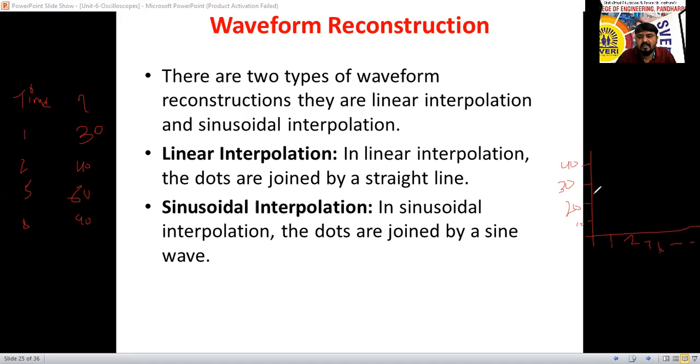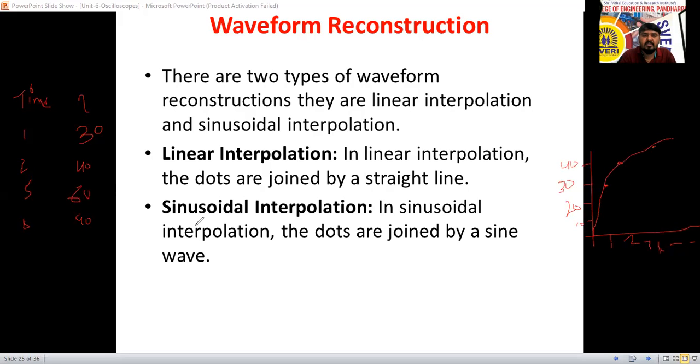For 1, how much is there? 30 is there, I will mark this one as a dot first. Next for 2, that is 40, I will mark this. For 5, it becomes 60, I will mark somewhere here. For 8, that is 90, I will mark that one. I will join them later.